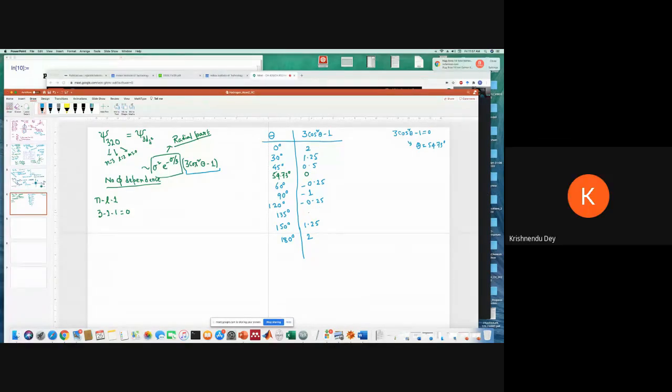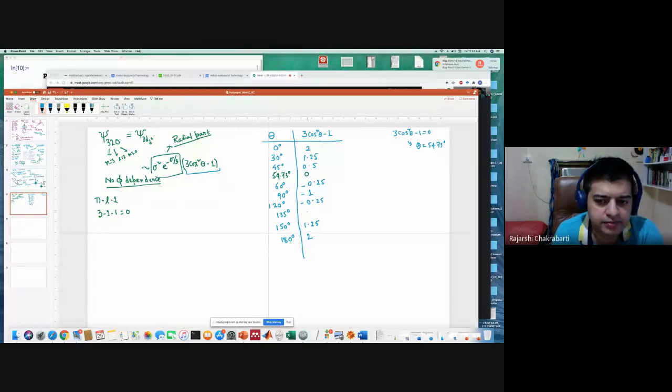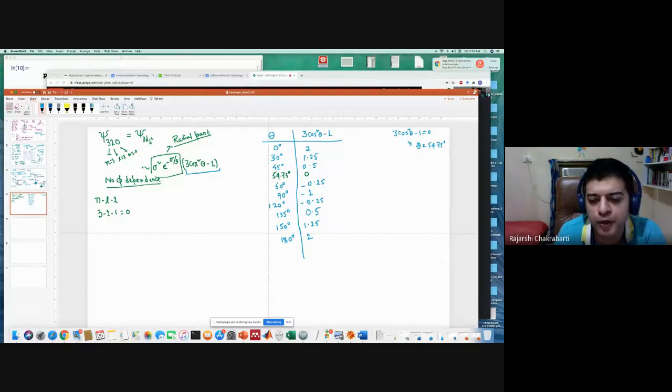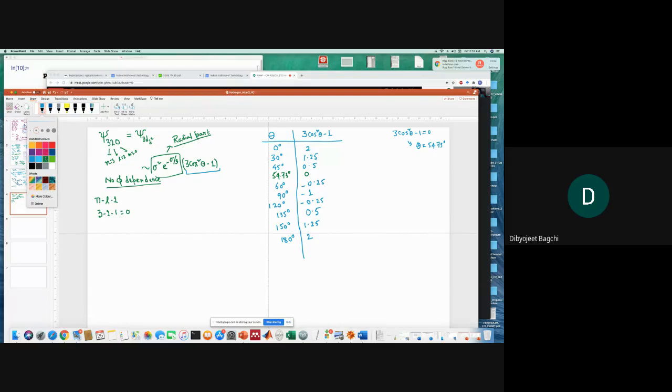Minus 0.5? Just check, is it minus or plus? It should be plus 0.5. Yes, plus 0.5. But I wrote plus 0.25, I think. This is correct: 120 degree is minus 0.25. I just want to be sure that I'm not writing anything wrong here. Yeah, that's correct, sir.